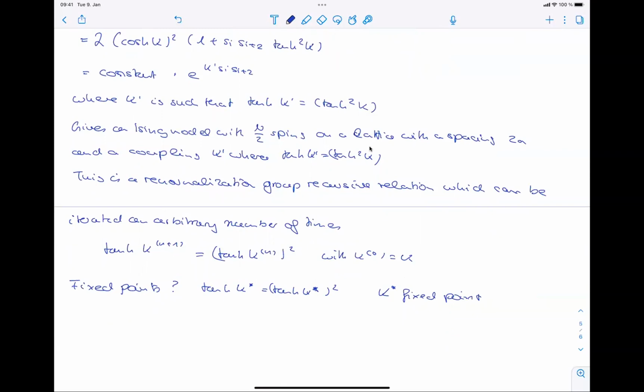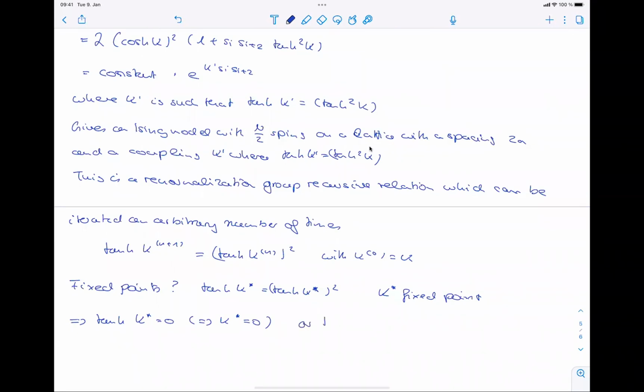And for this we have two solutions. One is that tanh k star is equal to 0, which is equivalent to k being 0, and we have 0 equal to 0 on both sides.